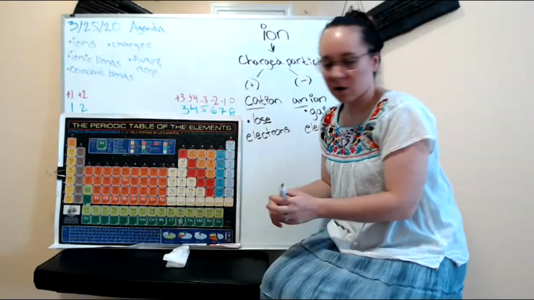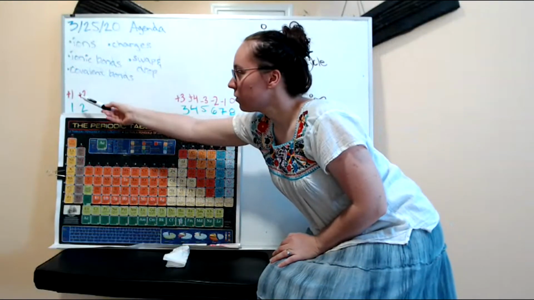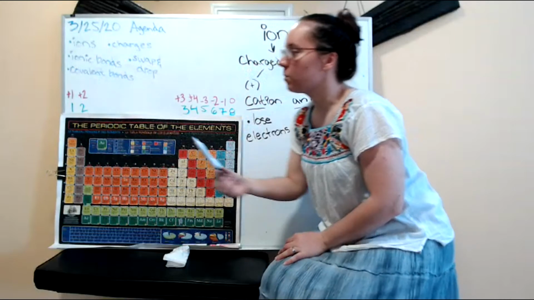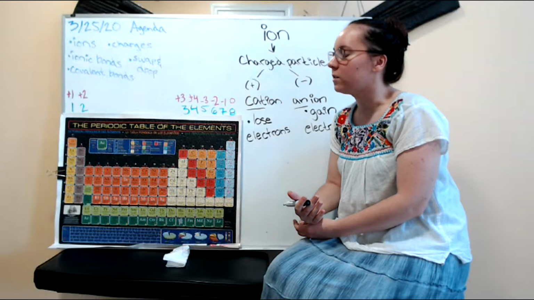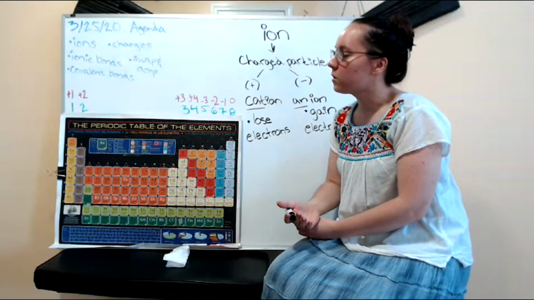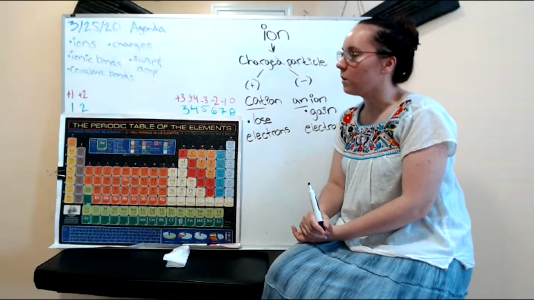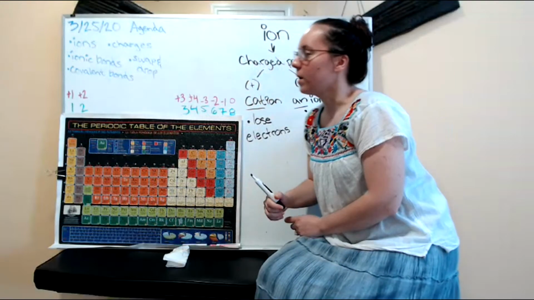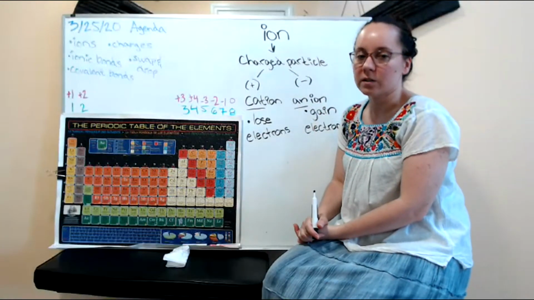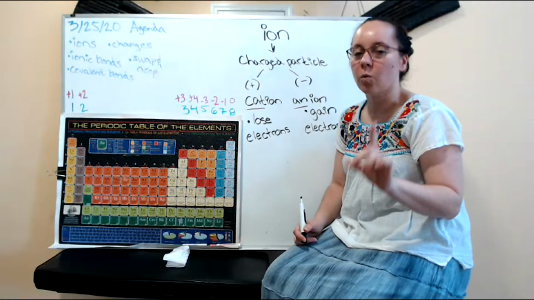So we have our alkali metals, group 1. As you can see, it has a +1 charge. That literally tells you that the ion is going to be a positive ion. So the alkali metals turn into a cation, and all of these elements in the alkali metal group, or group 1, will have a +1 charge, meaning it loses 1 electron.